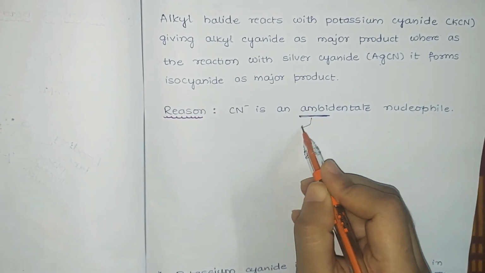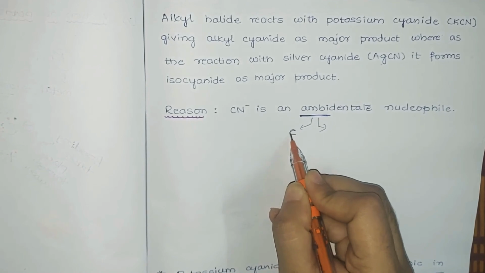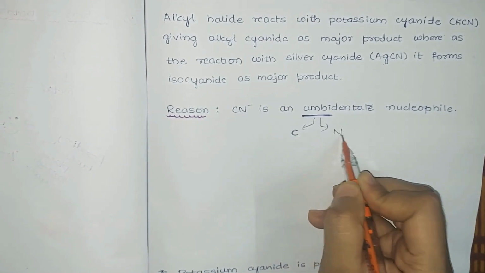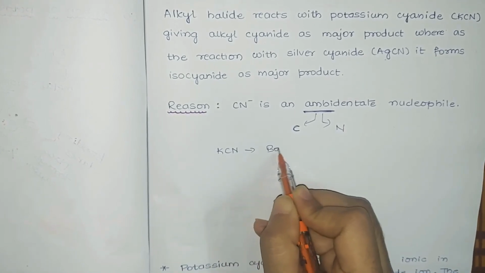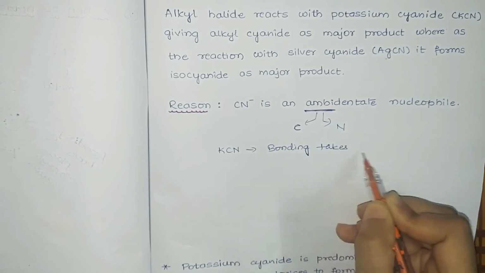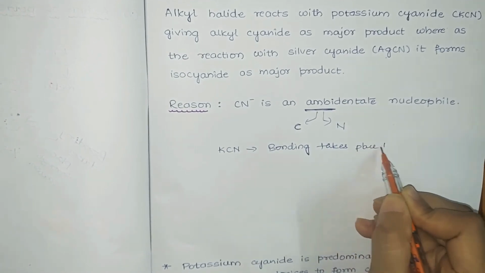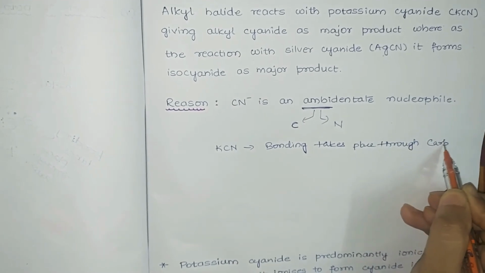Either the bonding takes place through the carbon atom, or through the nitrogen atom. We have already studied KCN. In KCN, bonding takes place through the carbon atom. Why? Because carbon has a negative charge on it, and KCN is ionic in nature.